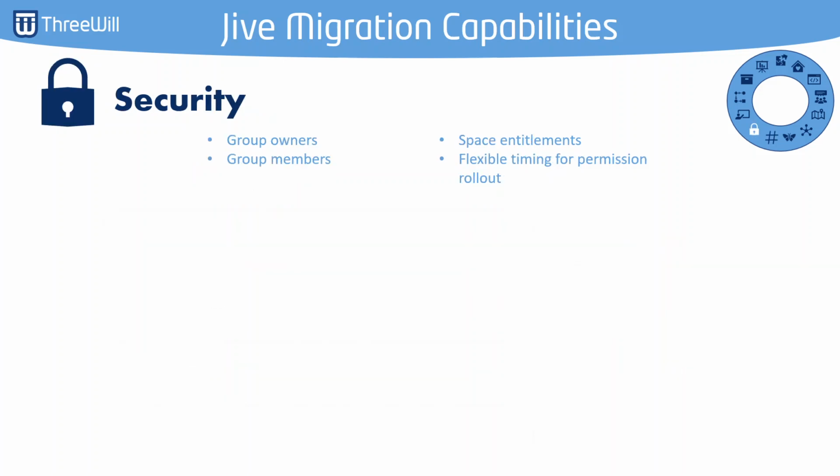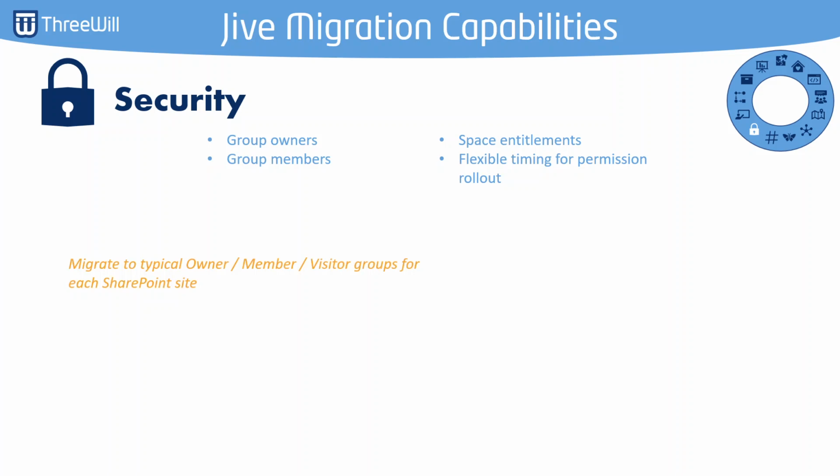Of course, security is important to everyone. In Jive, many places are secured and they only allow access to certain individuals. So maybe certain ones can only edit, or maybe no one has access but a certain group. And so we take that security and we migrate it to Microsoft 365.